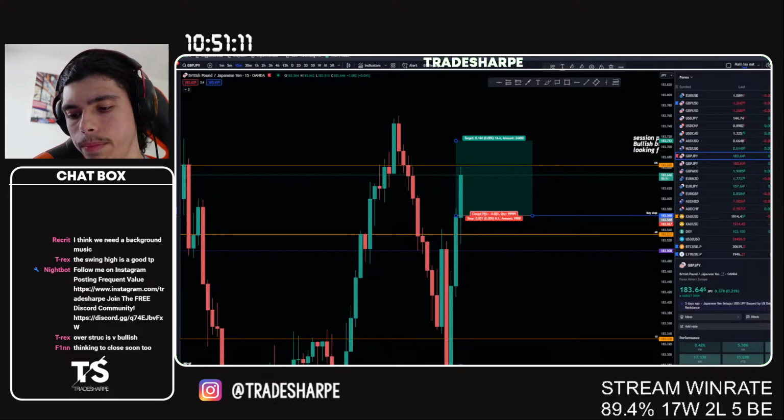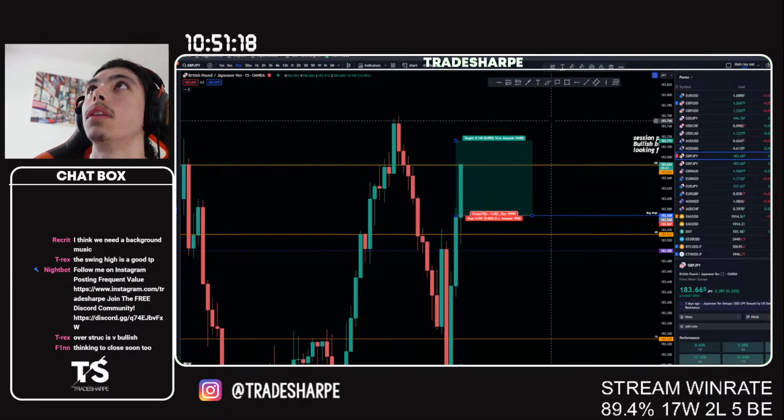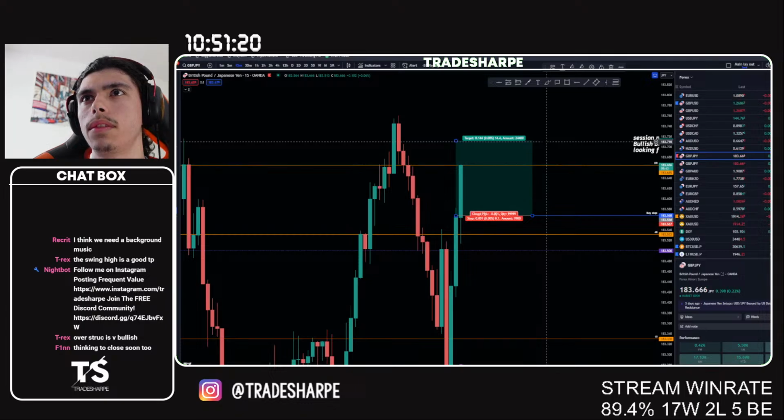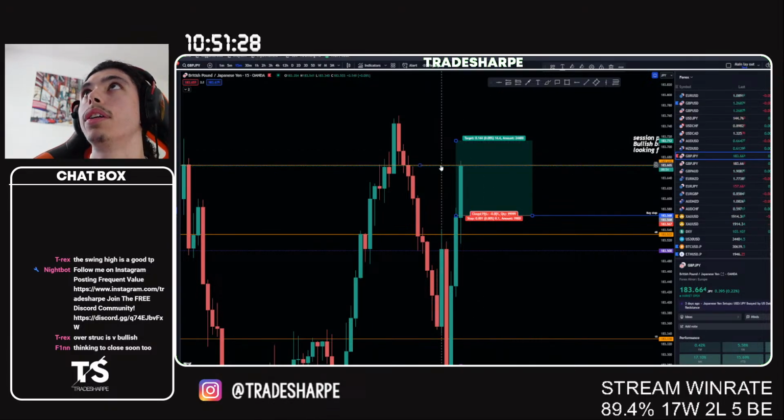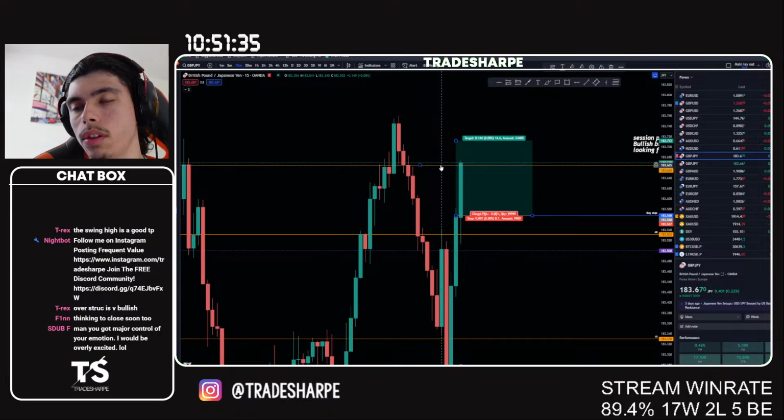We'll see what we get. Nice. See, this 1 hour resistance is being very tricky. So I'm watching on lower time frame on my other screen here to see if we can close soon. So anywhere around here, I'm looking to close.